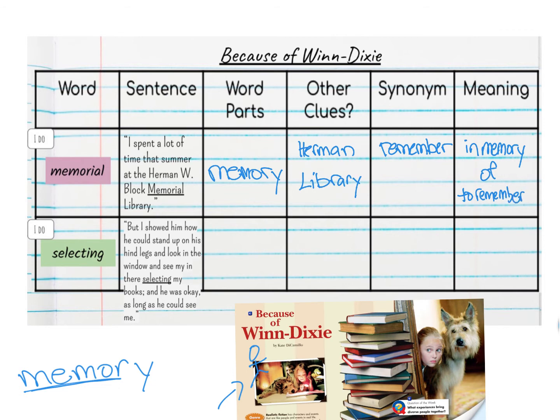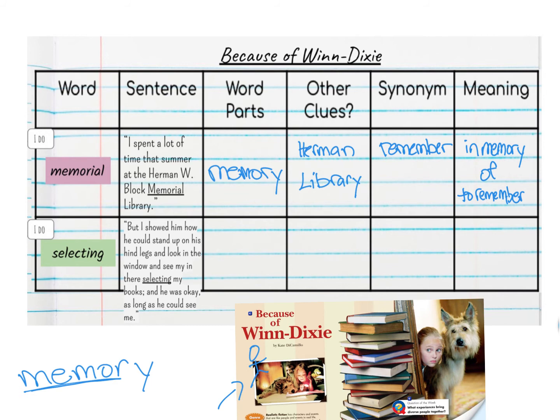People create memorials so that every time you see that, you remember that person. So every time someone saw the Herman W. Block Memorial Library, they would think of Herman, the man that it was named after. Notice how those context clues around the word helped us to figure out the meaning of that word.